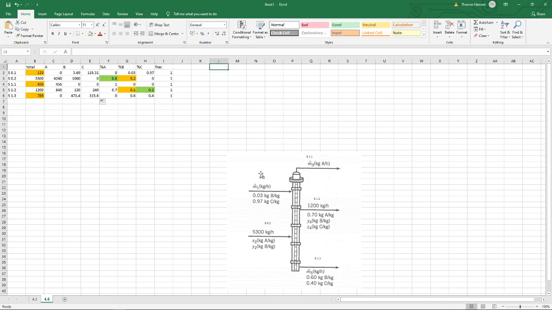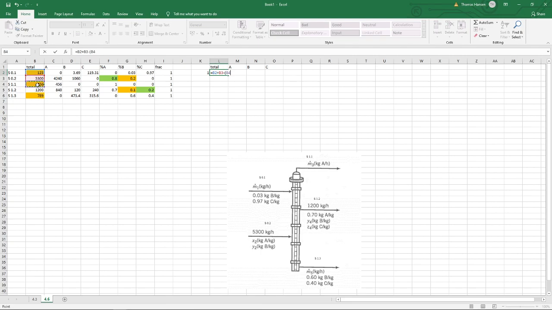So in this case, again, unfortunately, we only have one unit operation, but we can do our total mass, we can do our A, B, and C for the first. So what is our total? Well, what enters? That would be 0,1 plus 0,2 minus, and I just sum up.